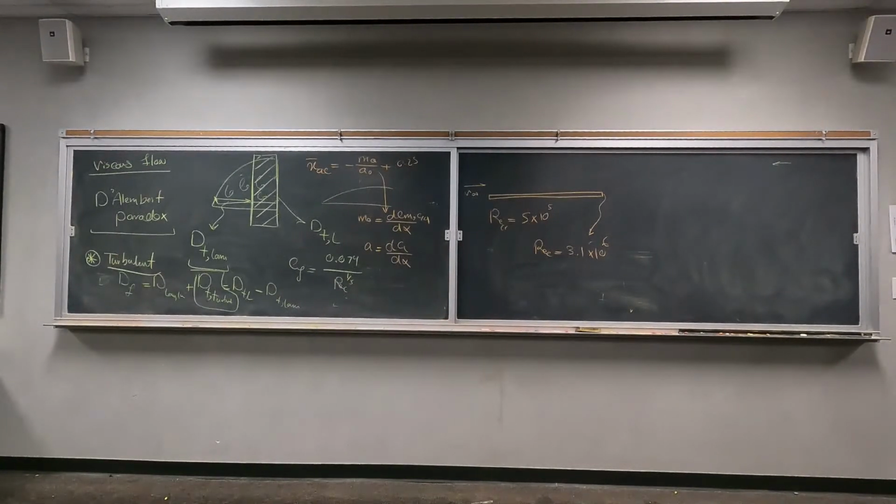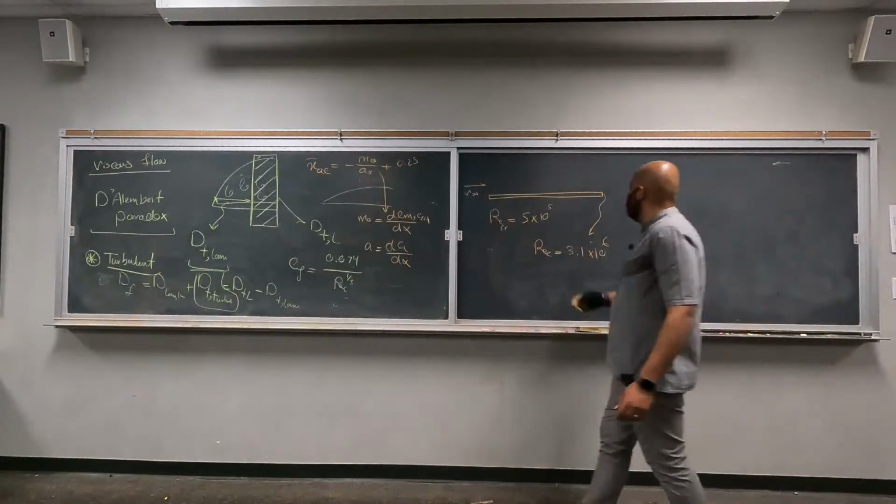The first thing you want to find is the transition point, right? How can we find the transition point here? Can we find the transition point as a ratio like this?